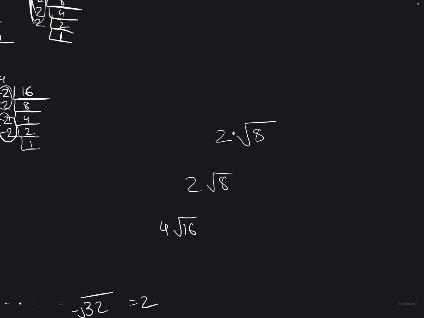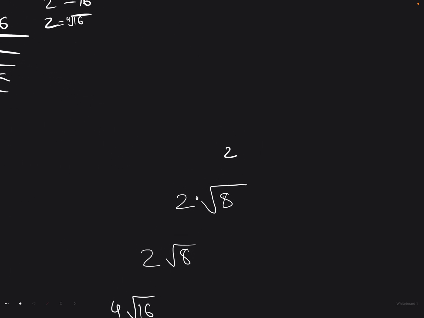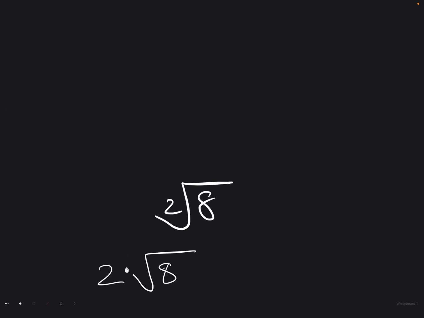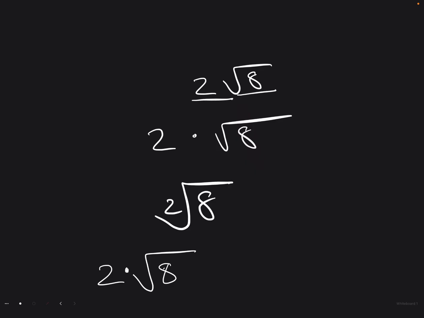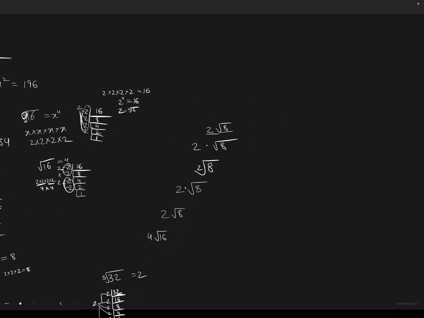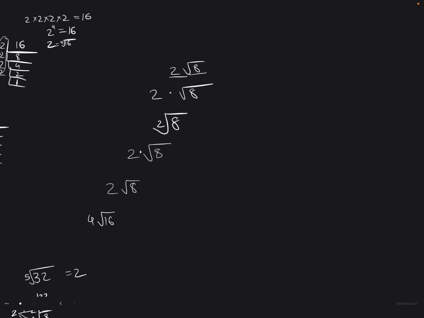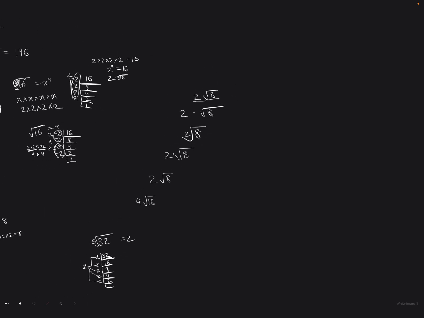But guys, you have to keep in mind, if this 2 was inside this, that just means it's a square root. That just means it's the second root of 8. But if it was outside it, like this, that means you'd multiply the square root of 8 into 2. So these are mixed radicals where there's a coefficient to the radical.